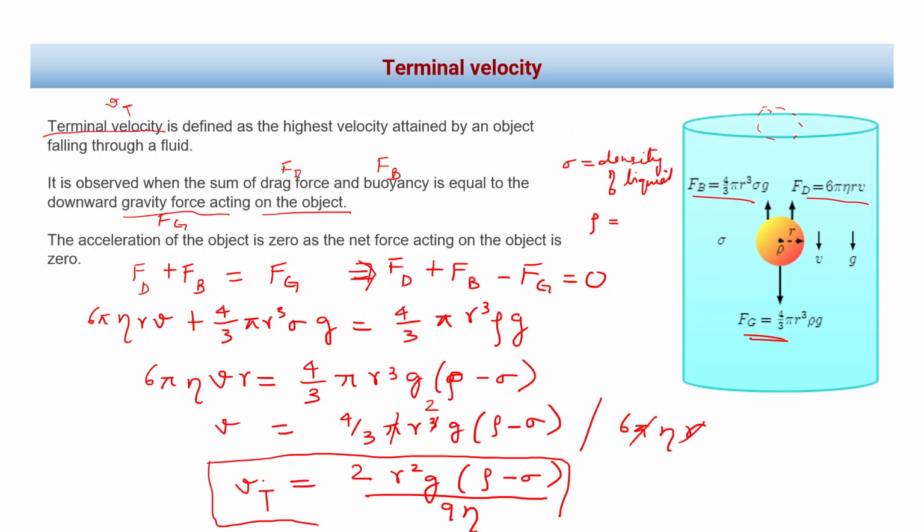It will be the maximum velocity that the body will attain, and this is what is called terminal velocity, attained by the body when it's moving in a viscous fluid or liquid. So this is the expression of terminal velocity.